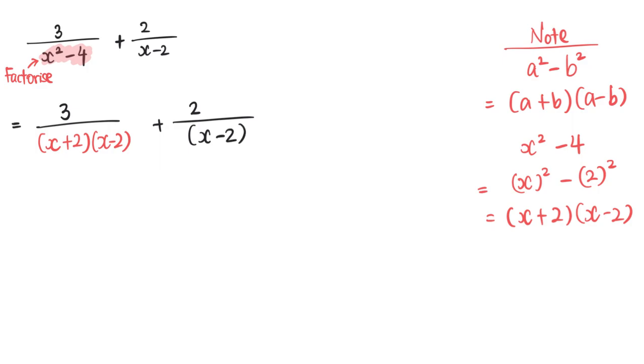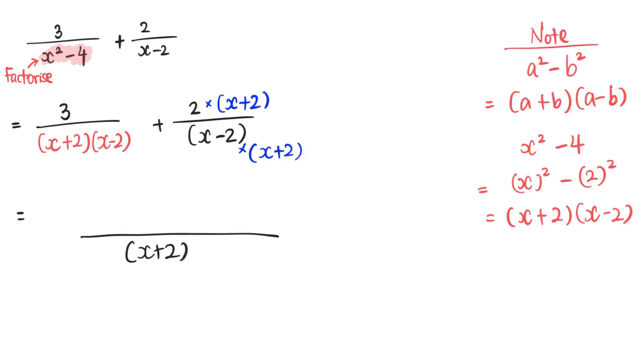And once you do that, you realize that all I need to do is to multiply x plus 2 for this fraction, and we will get a common denominator, and I can combine them into a single fraction. I still have my 3 plus 2 times x plus 2.